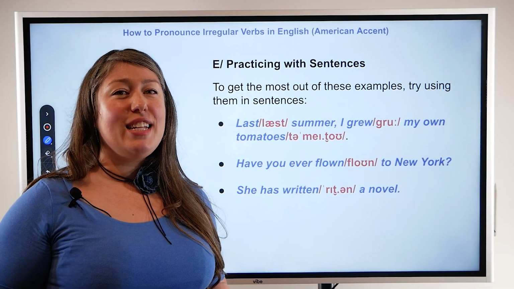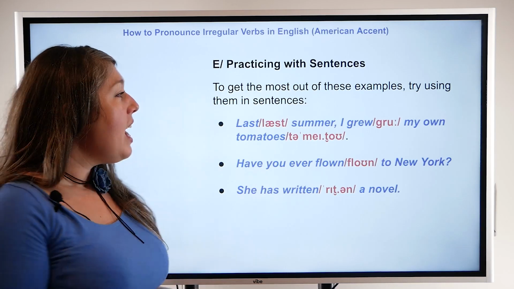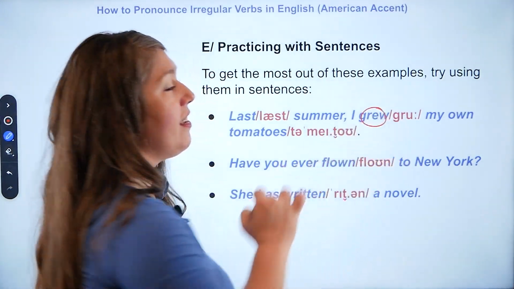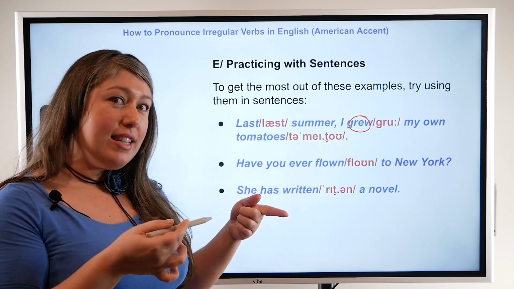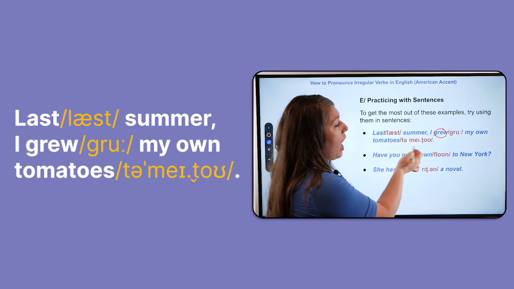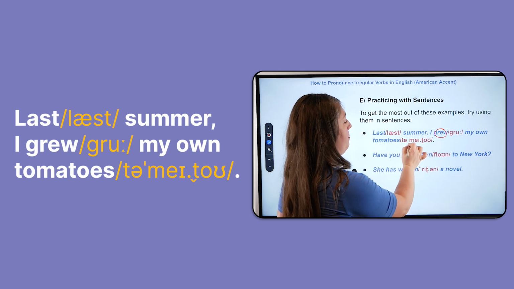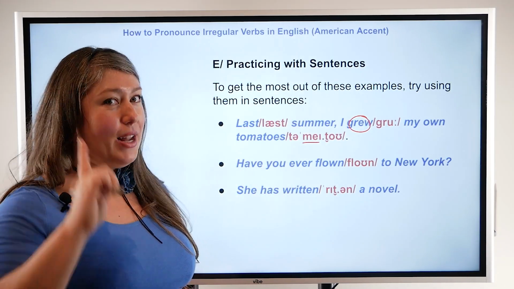Okay, now that we've practiced irregular verbs on their own, let's practice them in some example sentences. Like this word. Do you remember the base form? Grow, and this grew, simple past. Last summer, I grew my own tomatoes. And we've got stress on the second syllable in tomatoes.